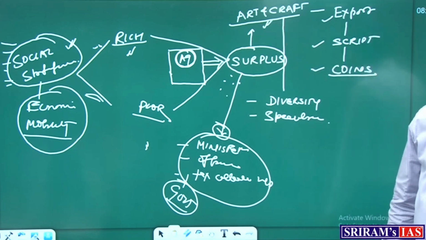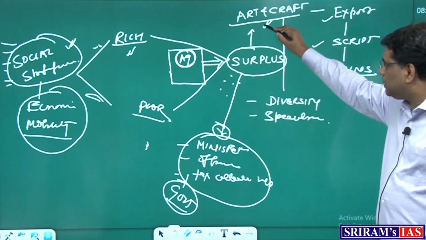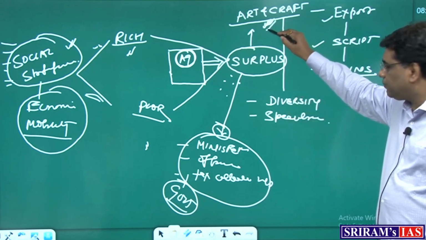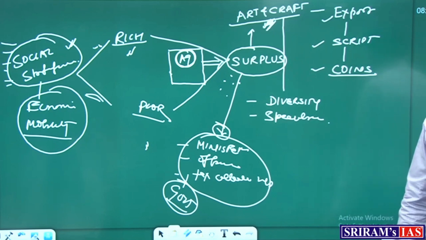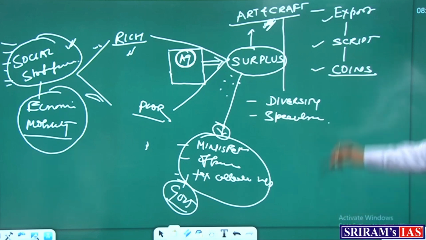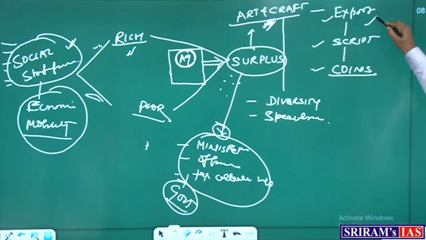Right? Then surplus created the possibilities of more art and craft, and we are making good things, which means others should take benefit of that and we should earn money. Export. There is so much export, then script, writing things, and then coins.